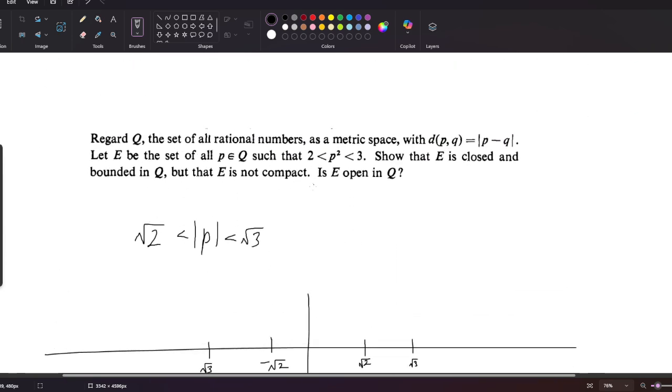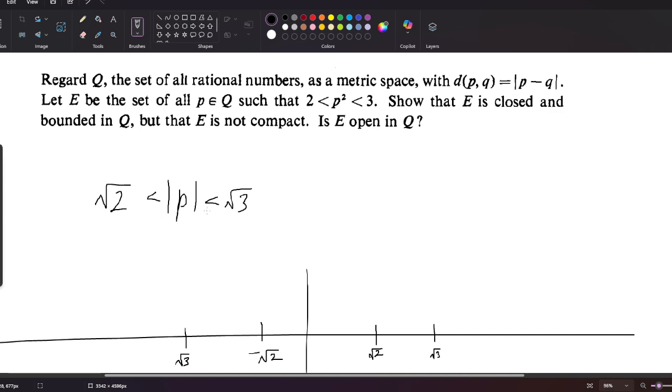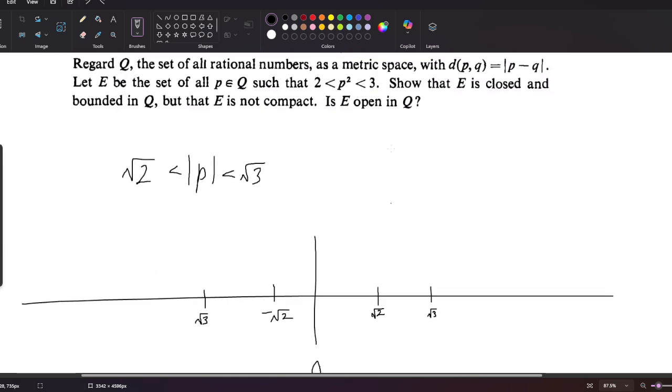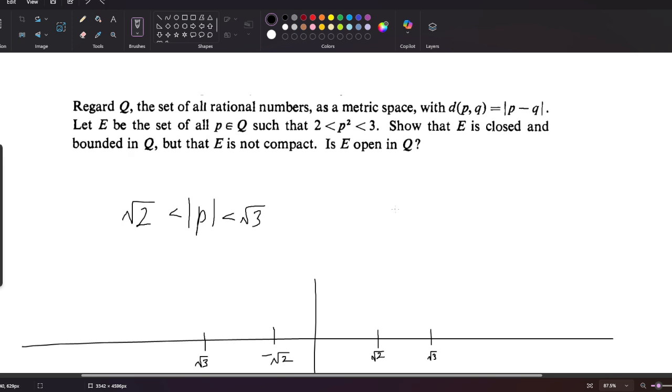So we have to show that E is closed and bounded in Q. Have to show that despite that, E is not compact, and also answer whether E is open or not in Q. Now let's begin with the first part, whether it is bounded in Q or not.